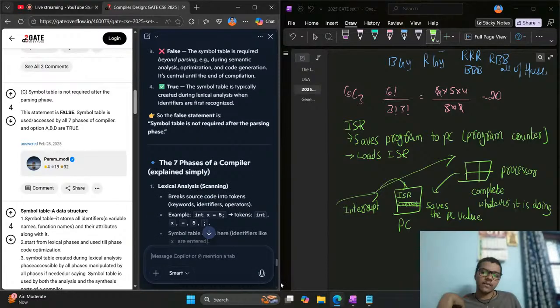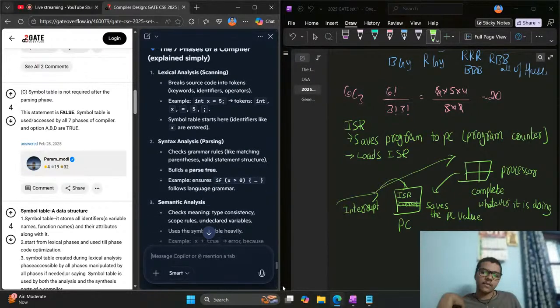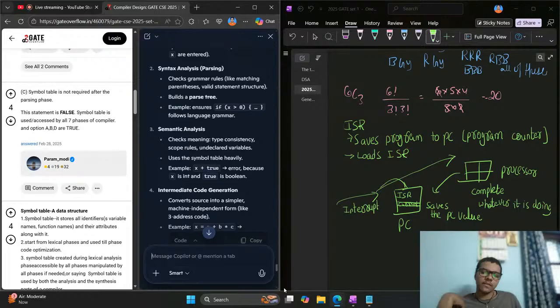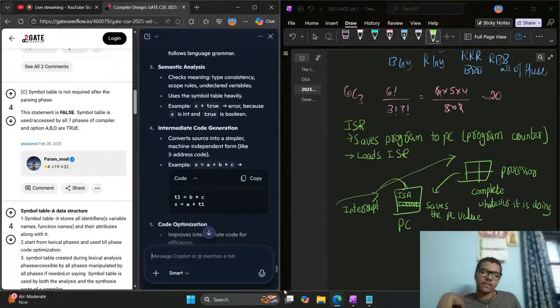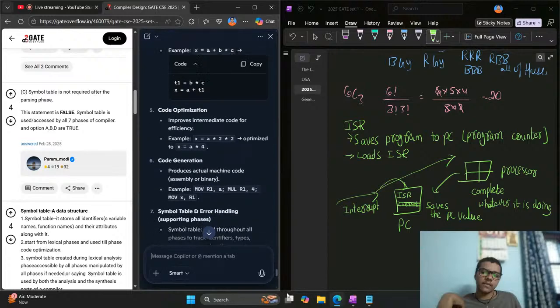Lexical analysis, syntax analysis, semantic analysis, intermediate code generation, code optimization, code generation.